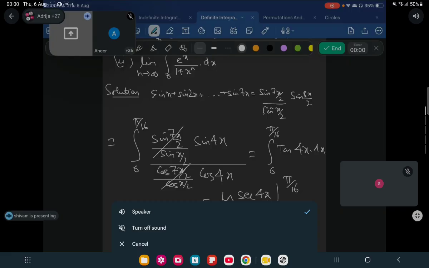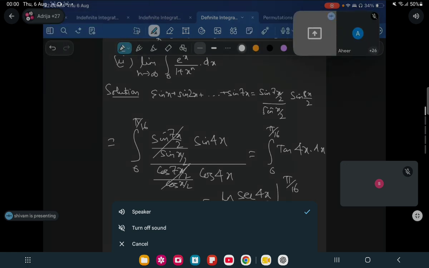When you substitute pi by 16, we get sec pi by 4, and the whole thing is divided by 4. Sec pi by 4 is root 2, so this becomes ln root 2 by 4, minus ln sec 0, which is ln 1, which is 0. So this is your answer, ln root 2 by 4. Further, you can simplify it as ln 2 by 8.